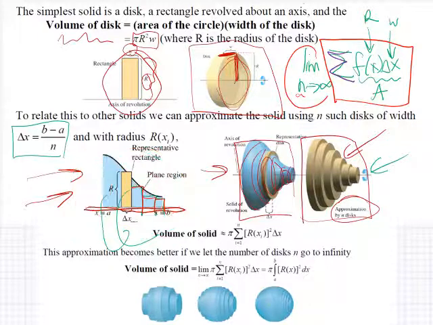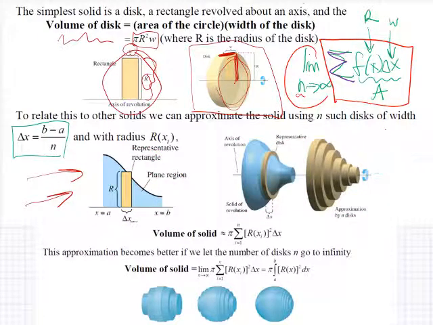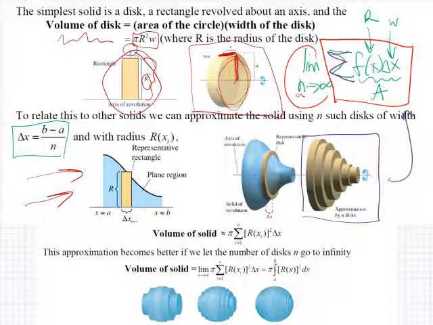Well, let me get rid of some of this mess here. So if we could calculate the volume of all those disks added together, that would give us the approximation, which would essentially be equivalent to this step. And then if we took the limit of that as n went to infinity, which would be the number of subdivisions, right?